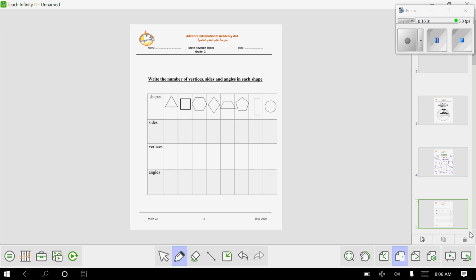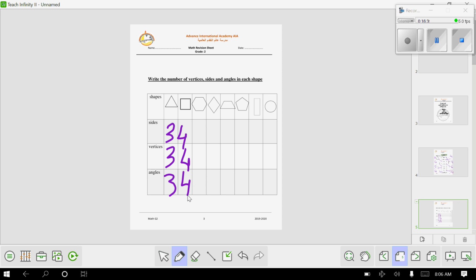So let's go to another page. It says write the number of vertices, sides, and angles in each shape. Yes, here is the triangle. Perfect. 3 sides, 3 vertices, 3 angles. What about this square? Perfect. 4 sides, 4 vertices, 4 angles.